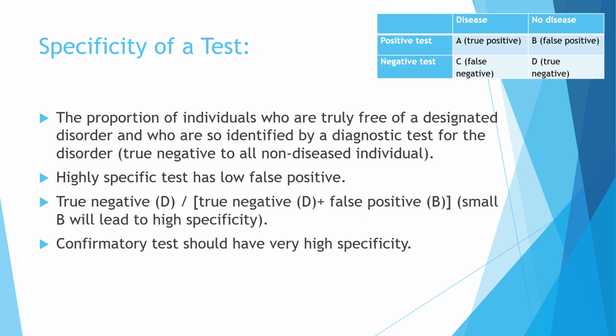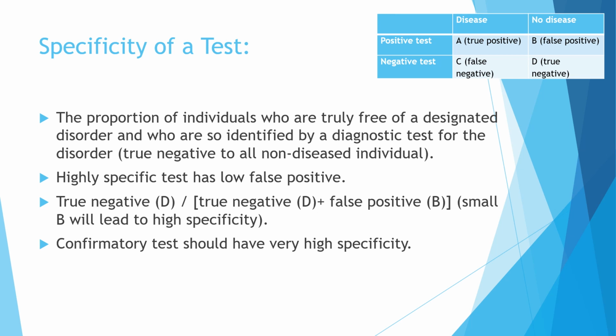So let's talk now about specificity. Specificity of the test is the proportion of the people who don't have a disease and shown by the test to be free of the disease to the whole population of non-diseased individuals. So in other words, it is D divided by D plus B. So if you have a low false positive, that will be a very specific test, or the specificity will be high.